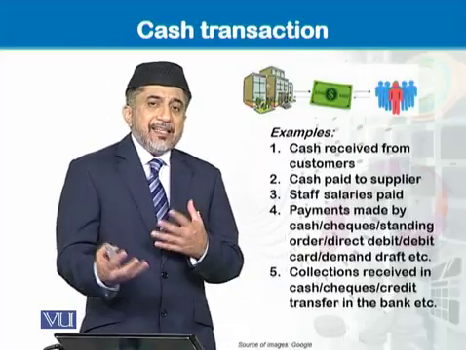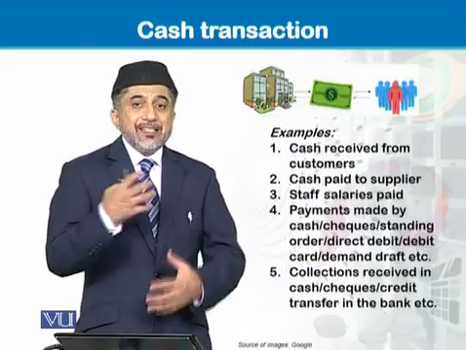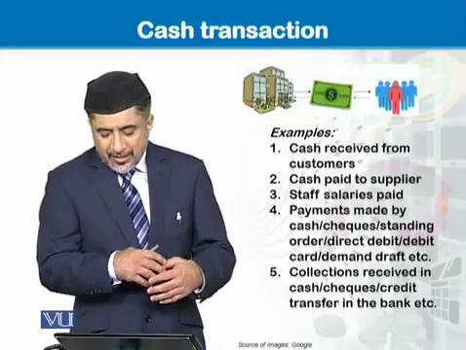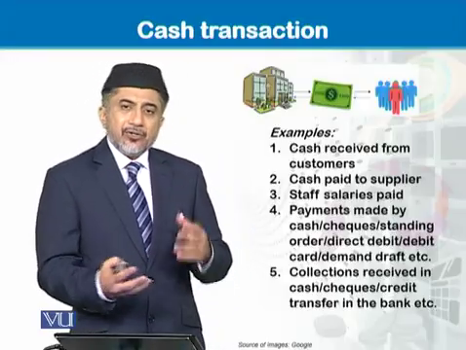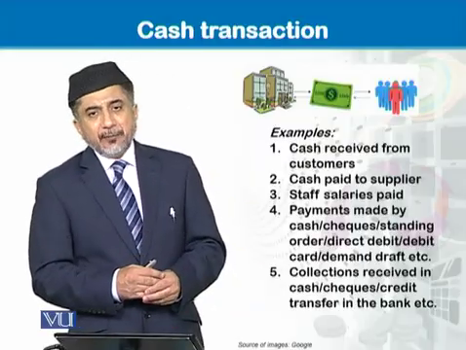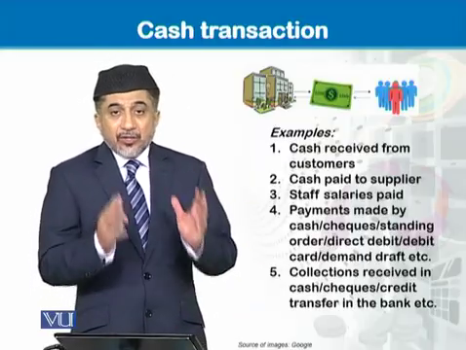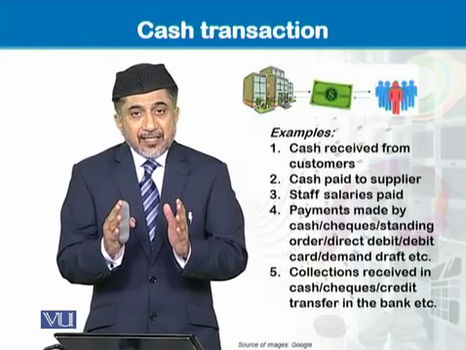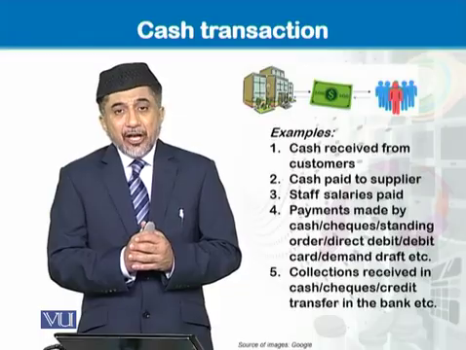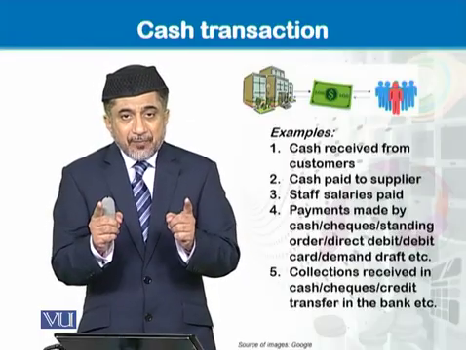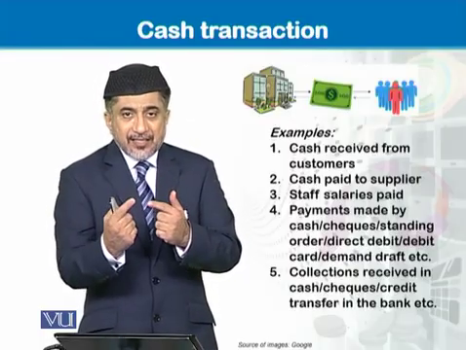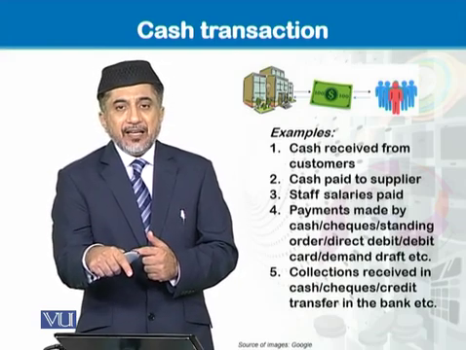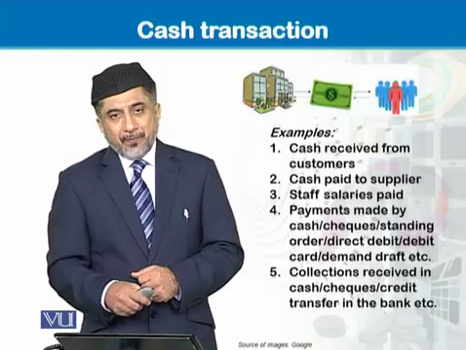Or the entity is collecting or receiving cash through check, through credit transfers, or direct deposits in the bank. So cash transactions mean a transaction in which settlement of the transaction in terms of cash or cash equivalent is happening at the same time.